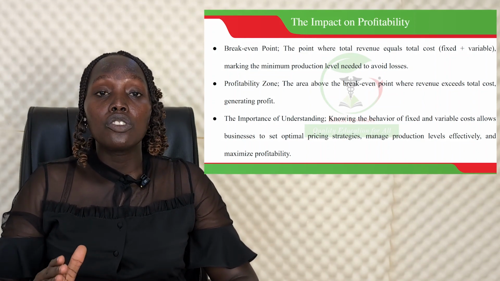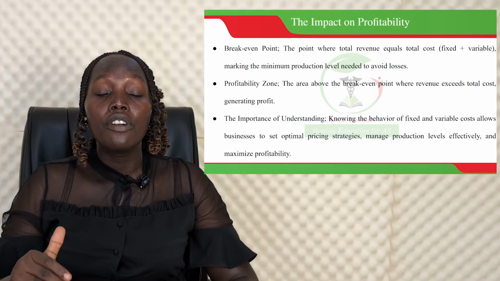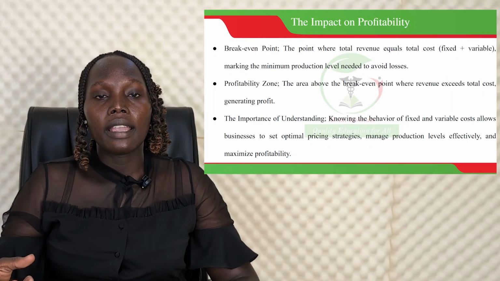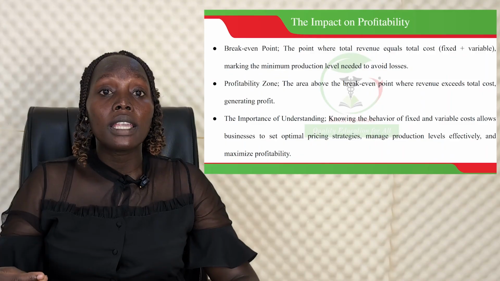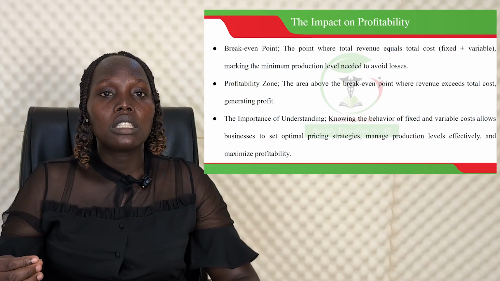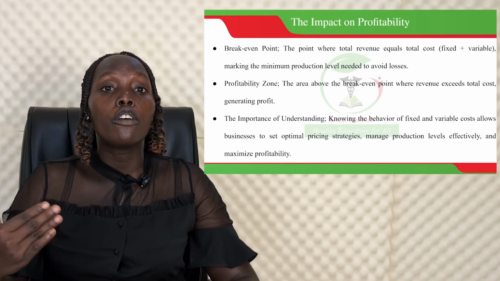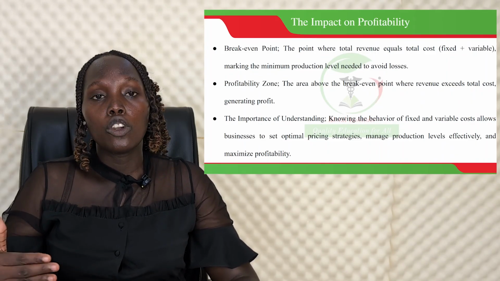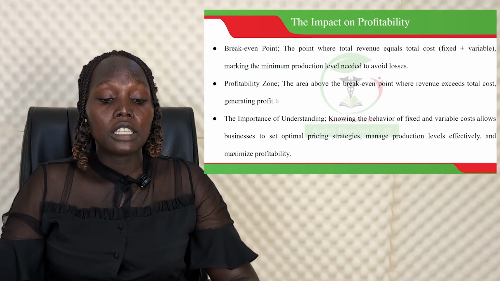So what does it imply here? It implies that your business is making profit. When you see that you have gone beyond, you're now in the profitable zone, it means that your business is making profit.